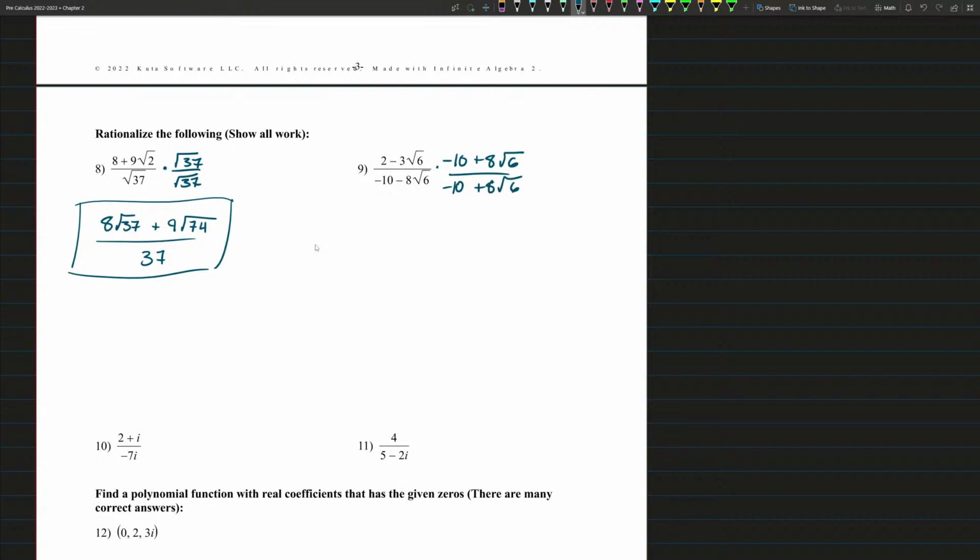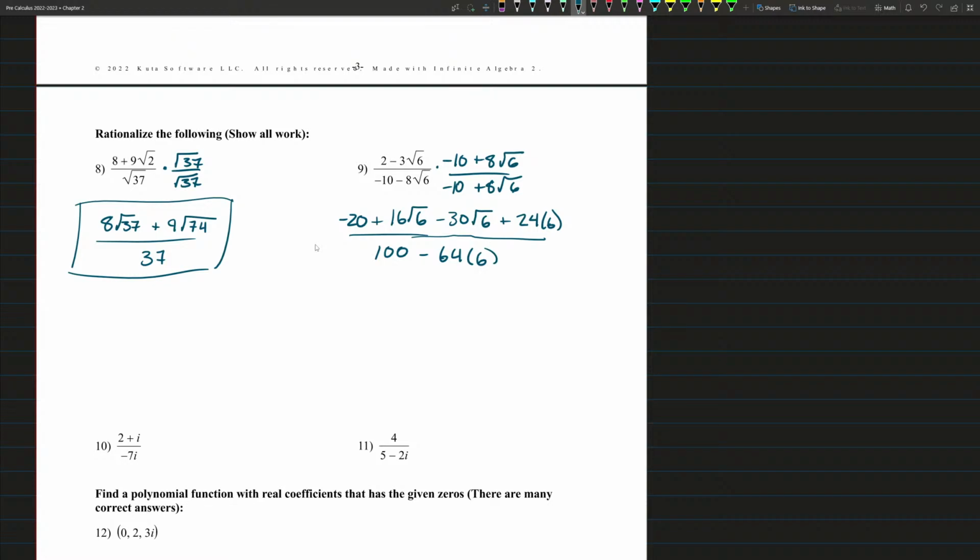So we get -20 plus 16 rad 6 minus 30 rad 6 plus 24 times 6. I'll get that in a minute. And then over here we get 100 minus 64 times 6. Again, I'll get that here in a second.